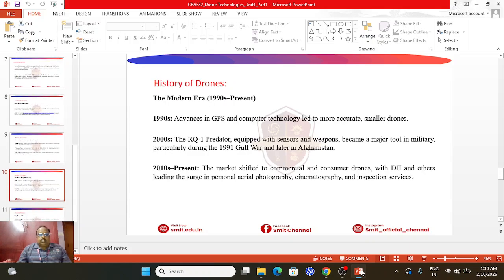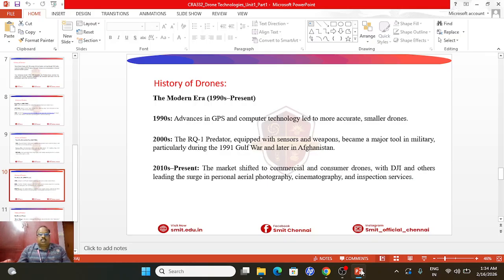In the 1990s to 2010, advances in GPS, that is global positioning system, and computer technology led to more accurate, smaller drones. In the 2000s, the MQ-1 Predator, equipped with sensors and weapons, became a major tool in the military, particularly during the 1991 Gulf War and later Afghanistan.